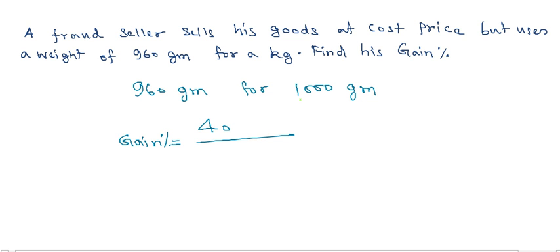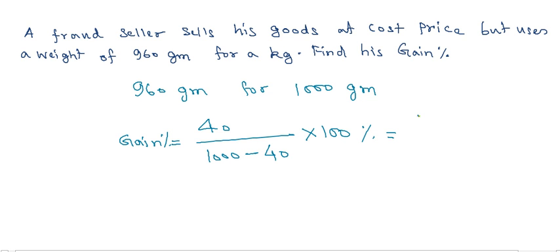True value here is 1000. So 1000 minus error 40, into 100%.